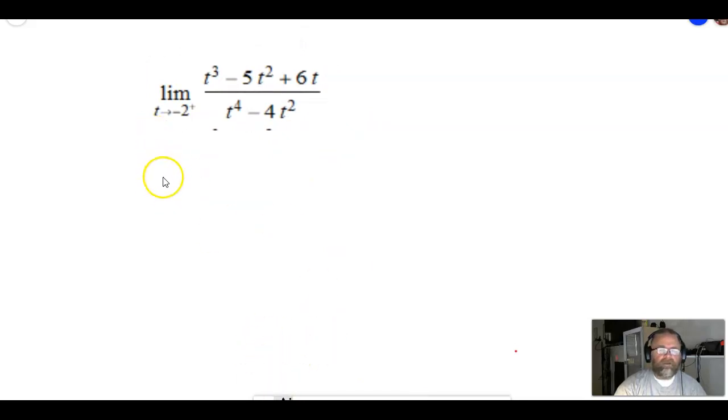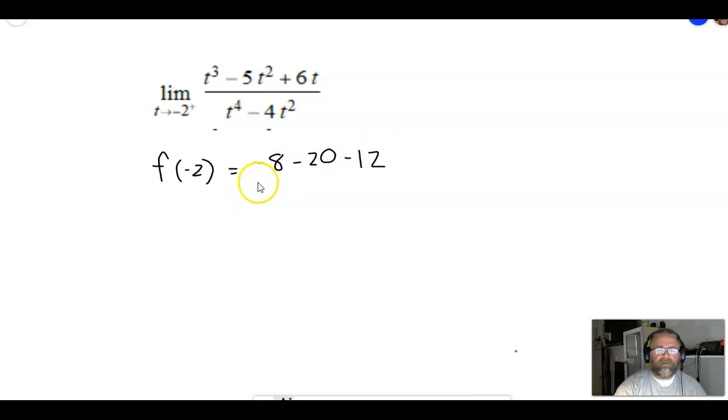So if I look at f of -2, that's going to be -2 cubed, which is -8. Minus 5 times t squared, so that's going to be minus 20, plus 6 times -2, which is -12.